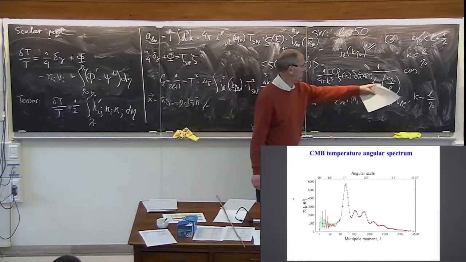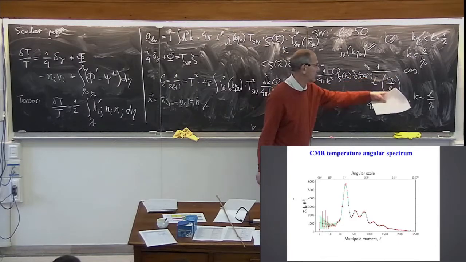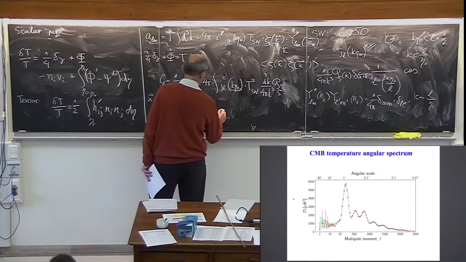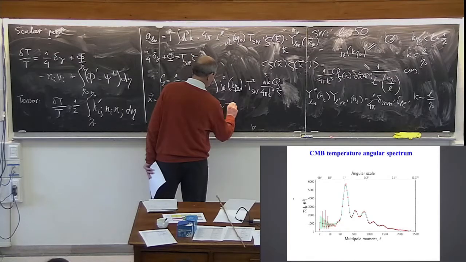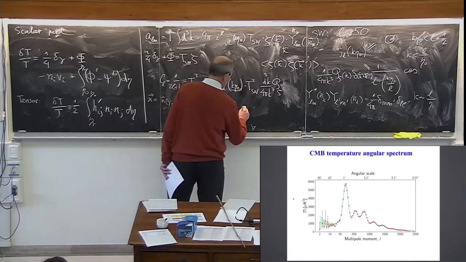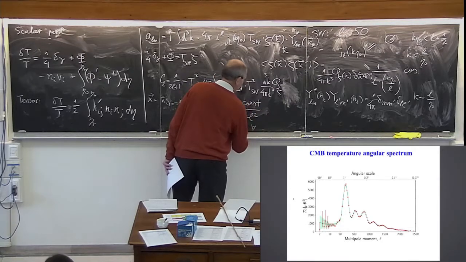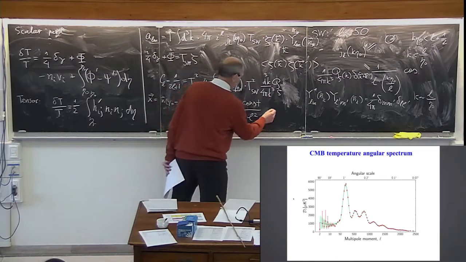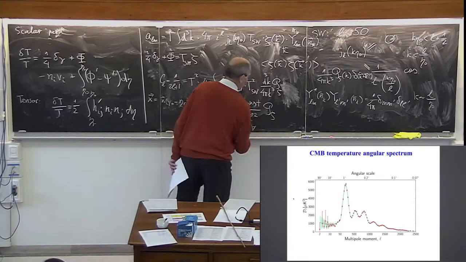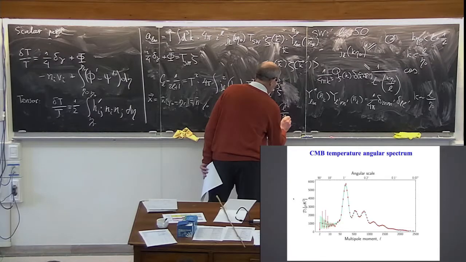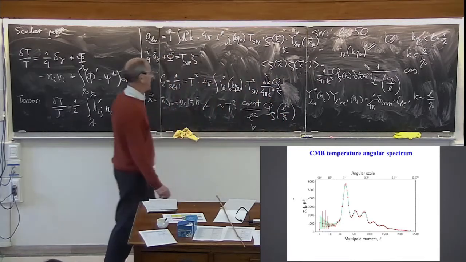And remember, I have 1 over L here and the integral over this thing here. So altogether, this will give me something which is t squared times a constant over L squared, times P_zeta at L over eta naught.